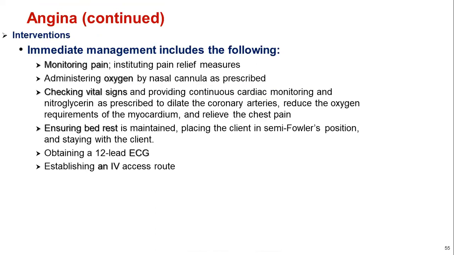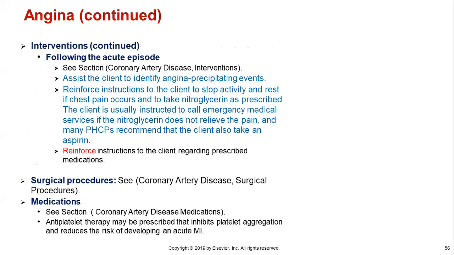Also, make sure of adequate bed rest. Obtain a 12-lead EKG or electrocardiogram. If we see any kind of fluctuation of events, we have to inform the healthcare provider. Also establish an IV access route. We have to open it up.